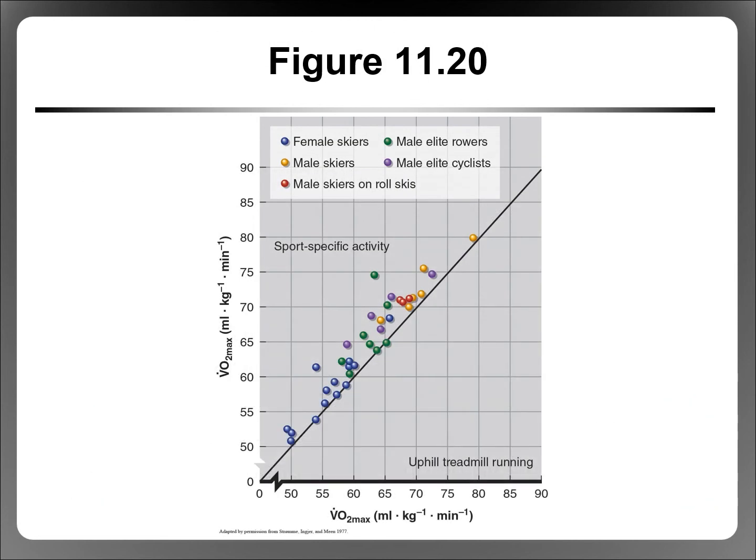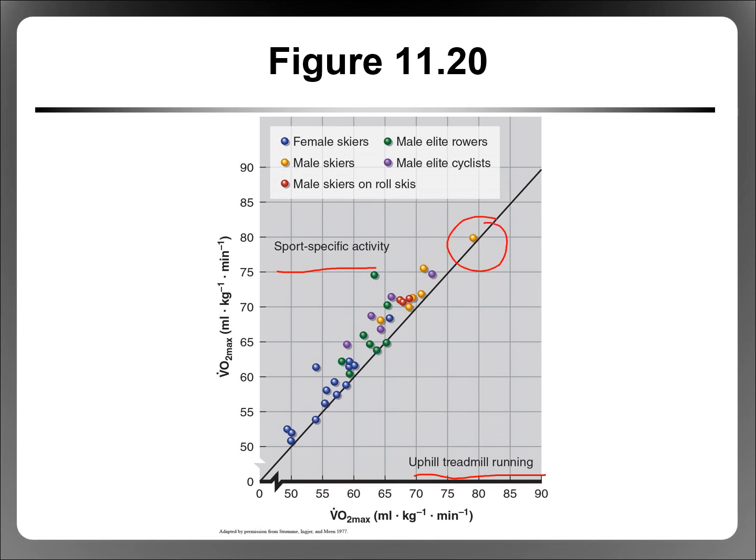All right. So looking here, you're looking at the differences between a VO2 max acquired from the sport-specific activity and the VO2 max acquired from an uphill treadmill run. In the ideal situation, you have a male skier and an uphill treadmill run.